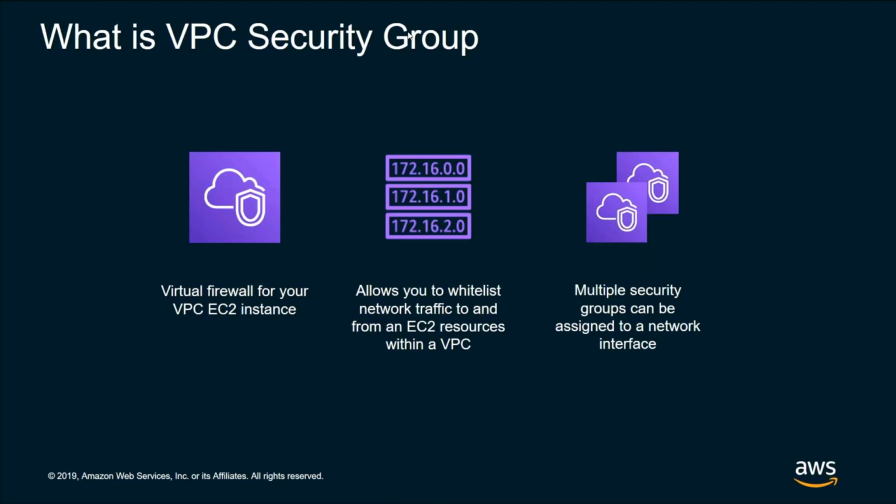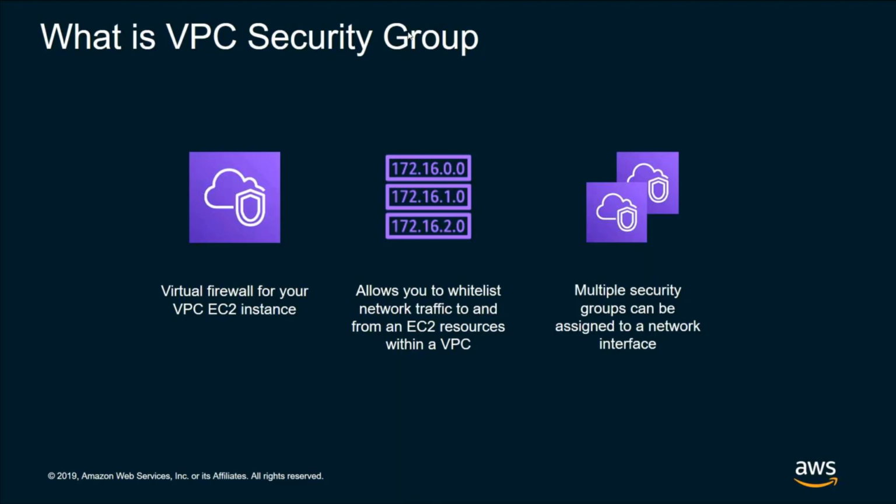VPC security groups allow you to create whitelist rules for what network traffic is allowed to your EC2 resources. And you can, of course, configure whitelist rules for traffic coming in, which are inbound rules, or traffic leaving your EC2 instances, or outbound rules.